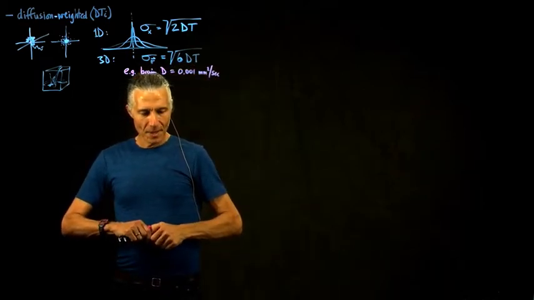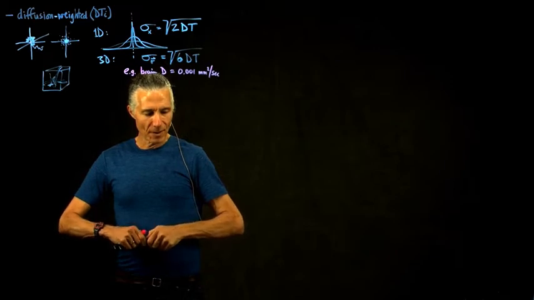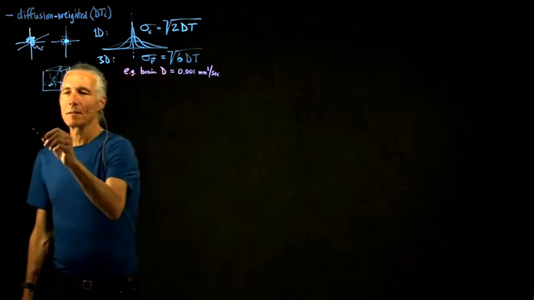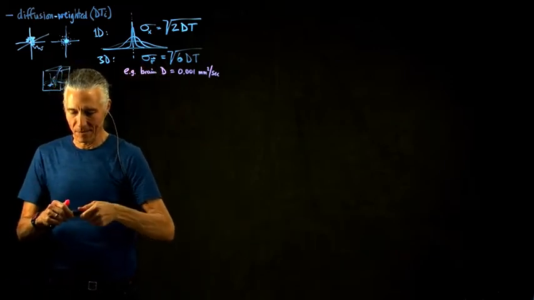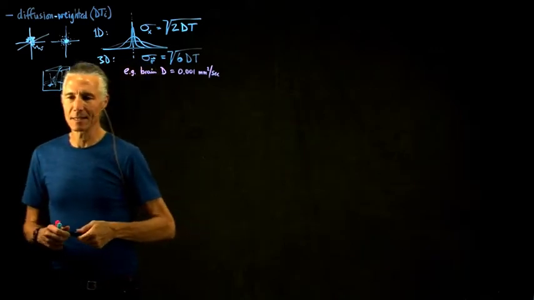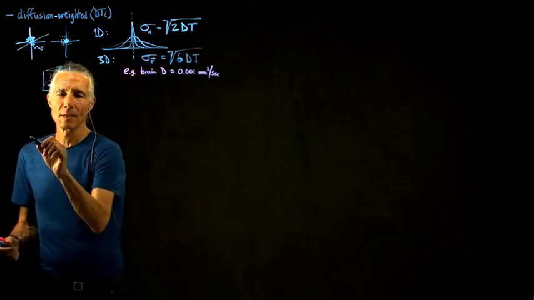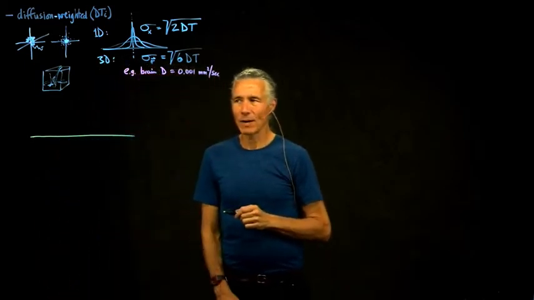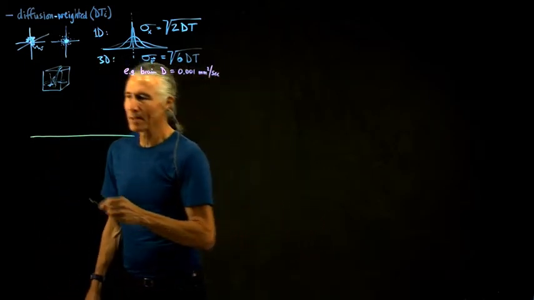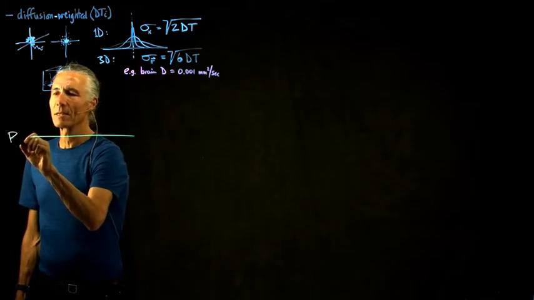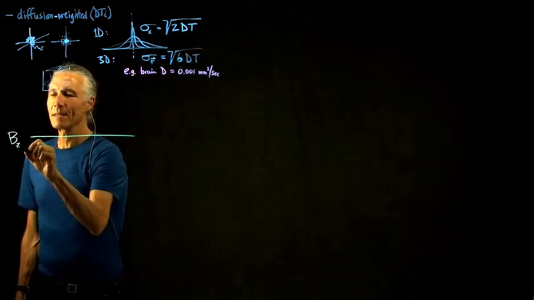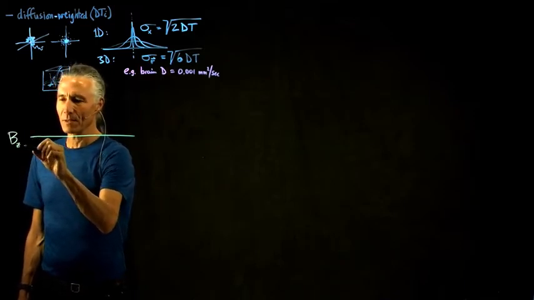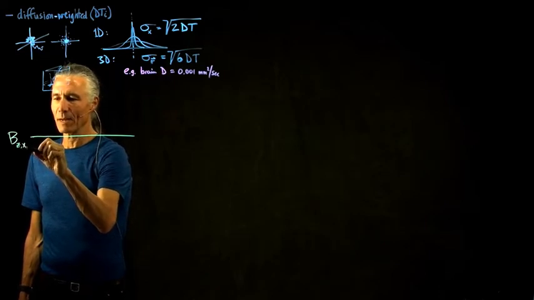So how does diffusion weighting work? Well, the basic idea is very straightforward. Let's just do it. Let's talk about diffusion in the x gradient direction. So here's the BZ field in the x direction.